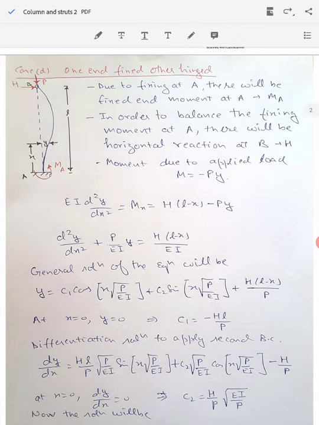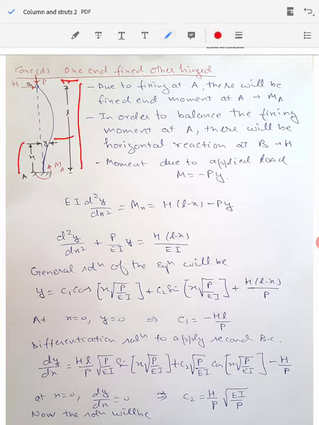Now moment due to the applied load will be simply load multiplied by the deflection. So at this point, we are at a distance x from the end A, the deflection is y, so the applied moment will be P into y. The other moment that will be acting will be given by this H, which is acting at a distance of L minus x. So here we have the total distance as L, this distance is x.